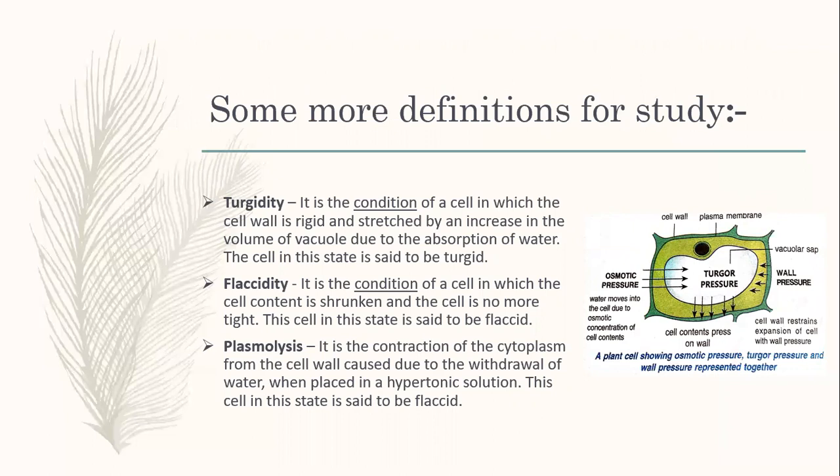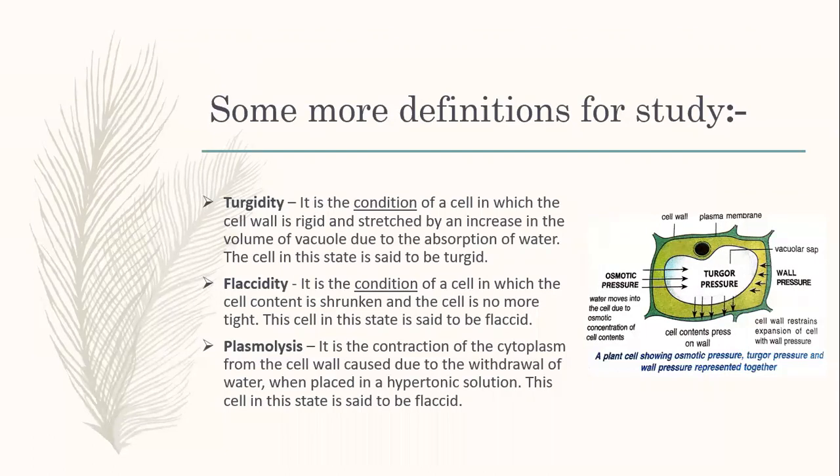A plant cell shows these important factors: osmotic pressure, turgor pressure, and wall pressure, also given there. When a cell is turgid, its wall is stretched under pressure from inside. The pressure of the cell content on the cell wall is called turgor pressure.